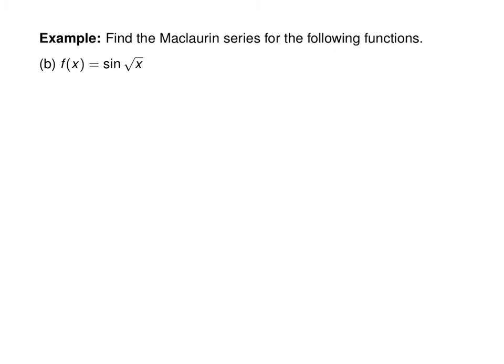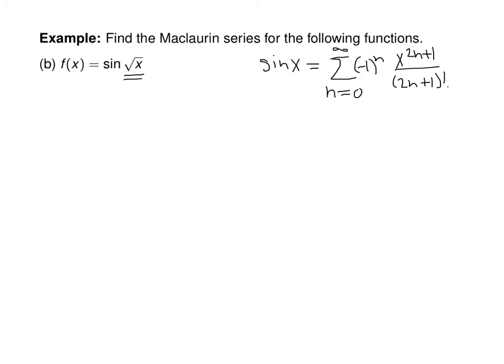Now for sine of root x, we can just take our regular Maclaurin series for sine x. So sum n equals 0 to infinity, negative 1 to the n, x to the 2n plus 1 over 2n plus 1 factorial, and we can input root x.